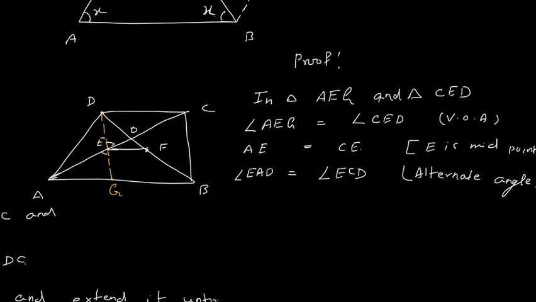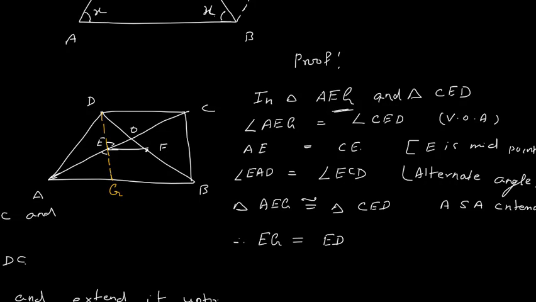So I will say triangle AEG is congruent to triangle CED by the angle side angle criterion. Therefore, this side EG will be equal to ED, as corresponding sides of congruent triangles, and I will consider this as equation 1.